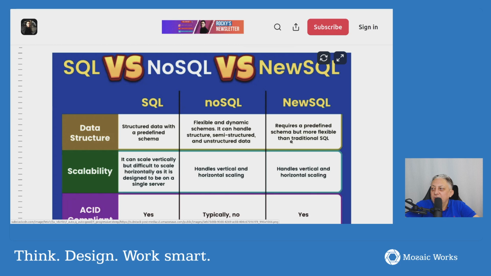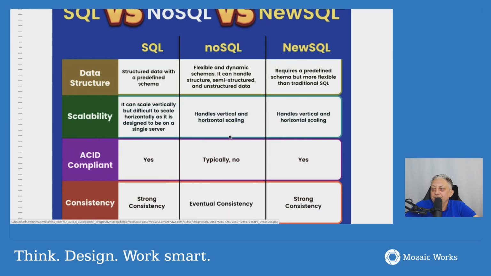NewSQL requires a predefined schema, but is more flexible than traditional SQL. If you talk scalability, SQL can scale vertically, but is difficult to scale horizontally. NoSQL can handle vertical and horizontal.